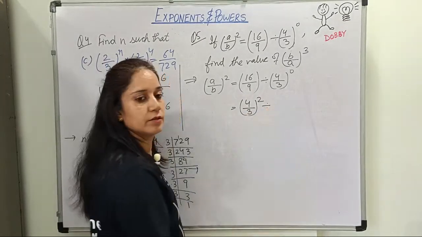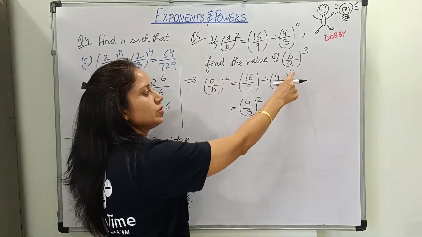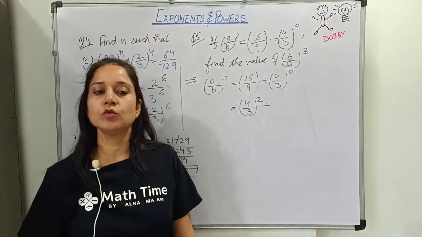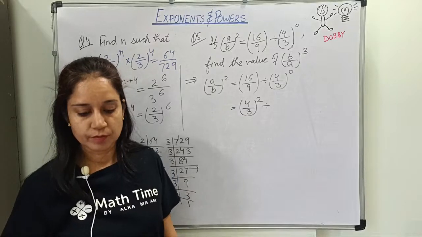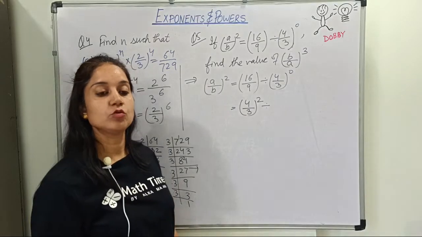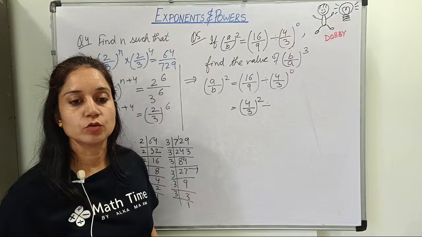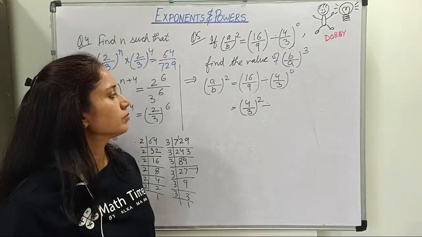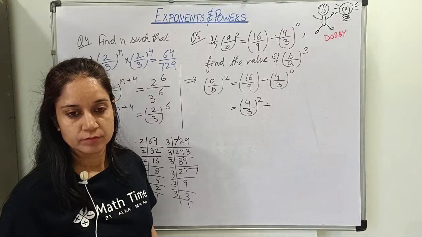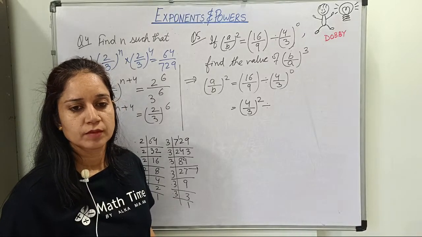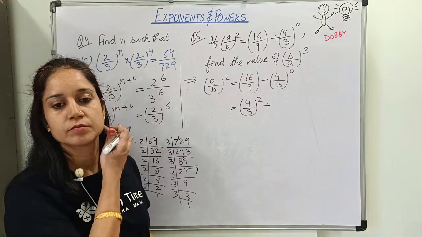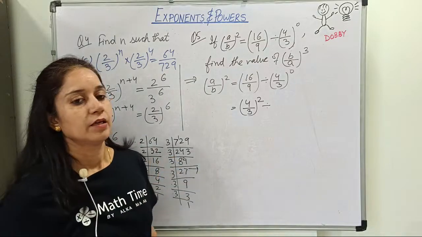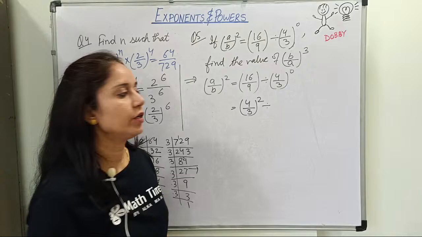Divided by a rational number raised to the power 0 is equals to, tell me, a rational number raised to the power 0 is equals to a rational number raised to the power 0 equals to 1.